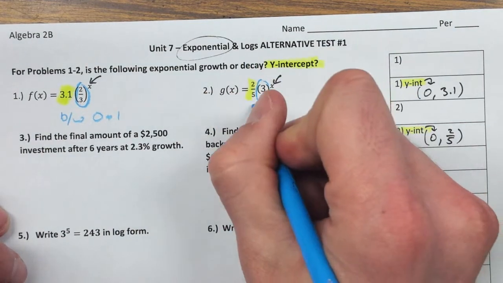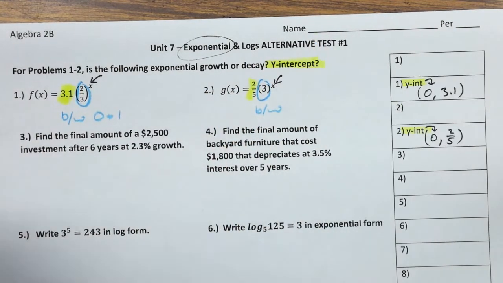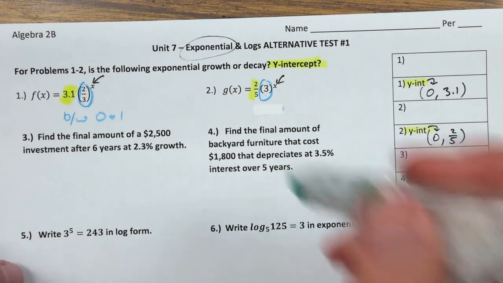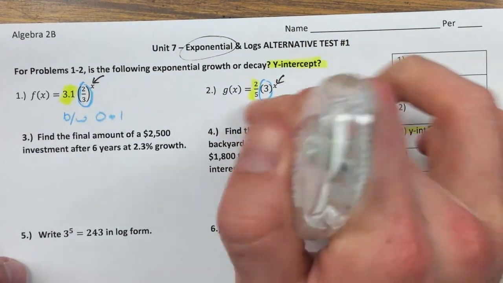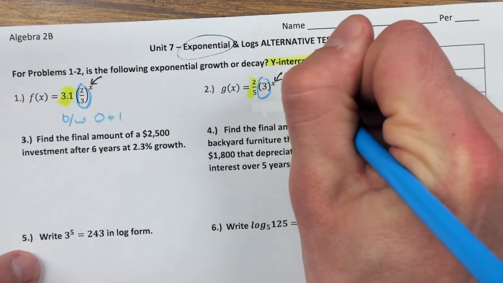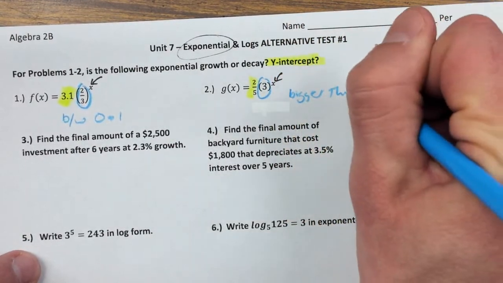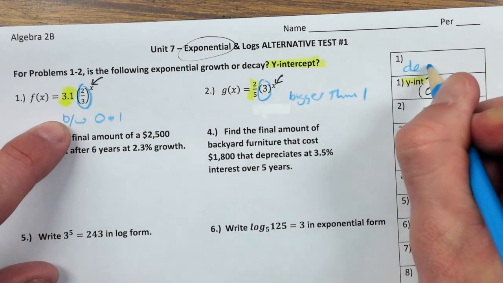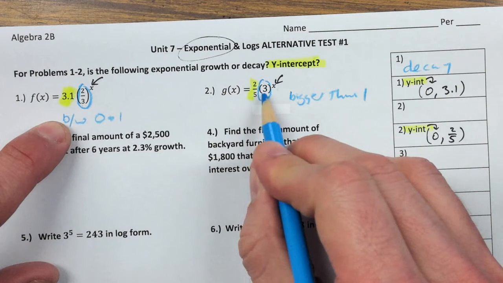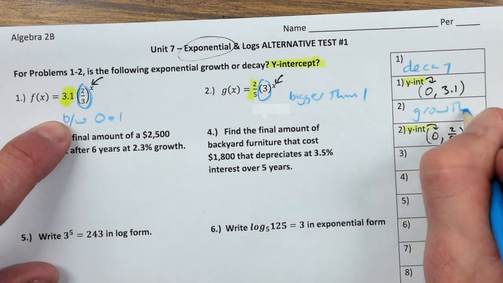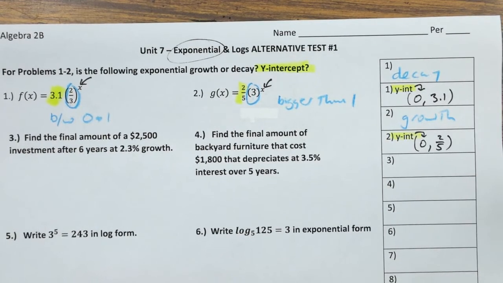And notice how this number over here is bigger than 1, not between. It's bigger than 1. Because of that, if it's between 0 and 1, that makes this decay. Since this is bigger than 1, that makes this growth.